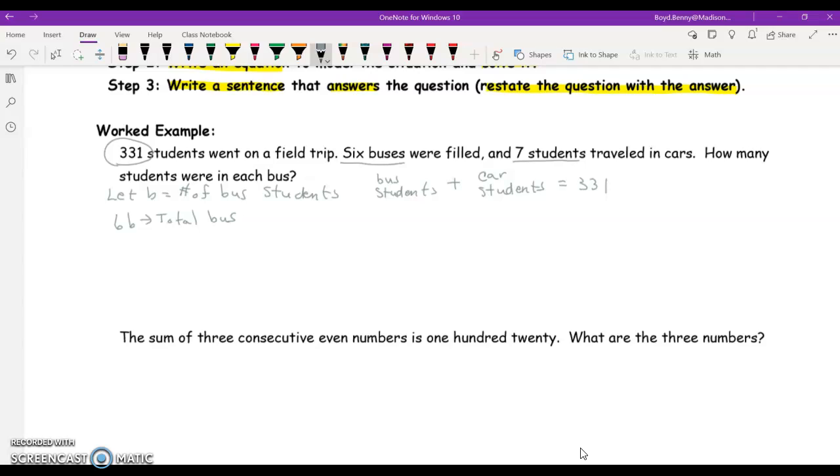So if I substitute for bus students, that would be 6B, plus the number of car students, which is just 7, and that equals 331. Then of course we would solve this by subtracting 7 and dividing by 6 and get our answer of B equals 54 students on each bus.